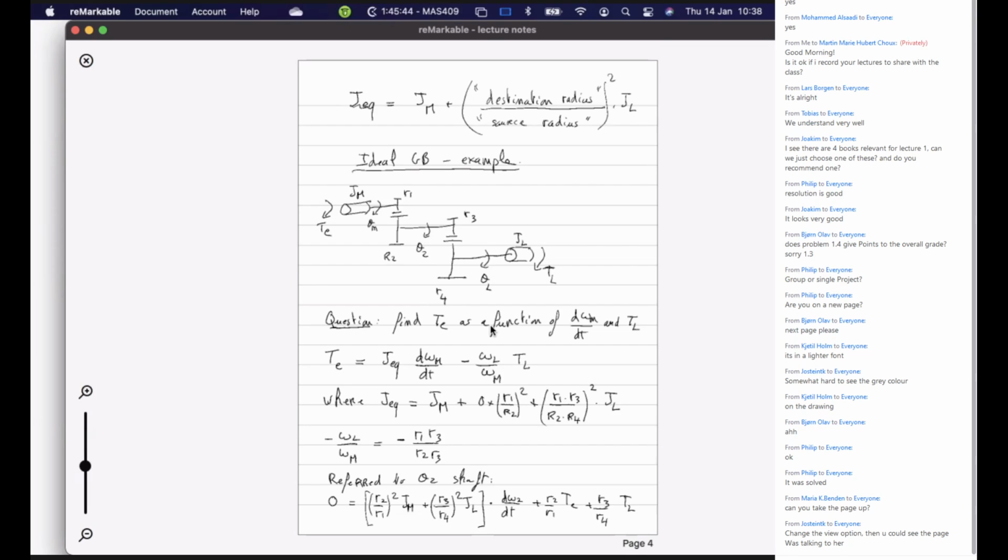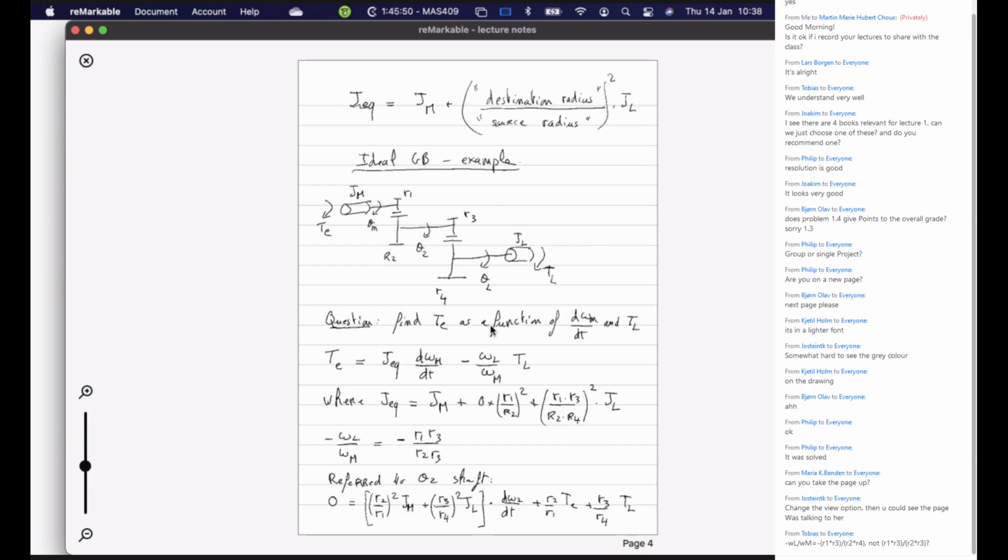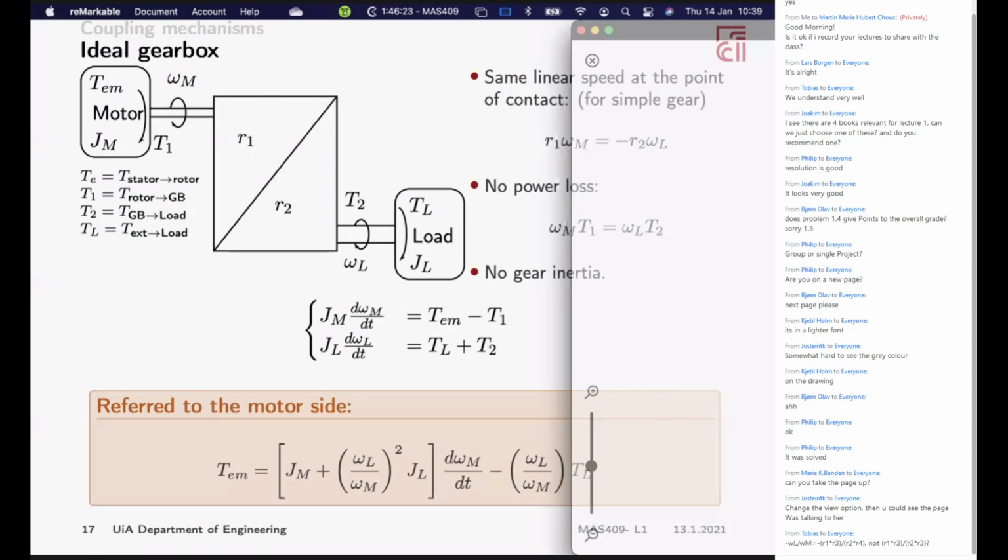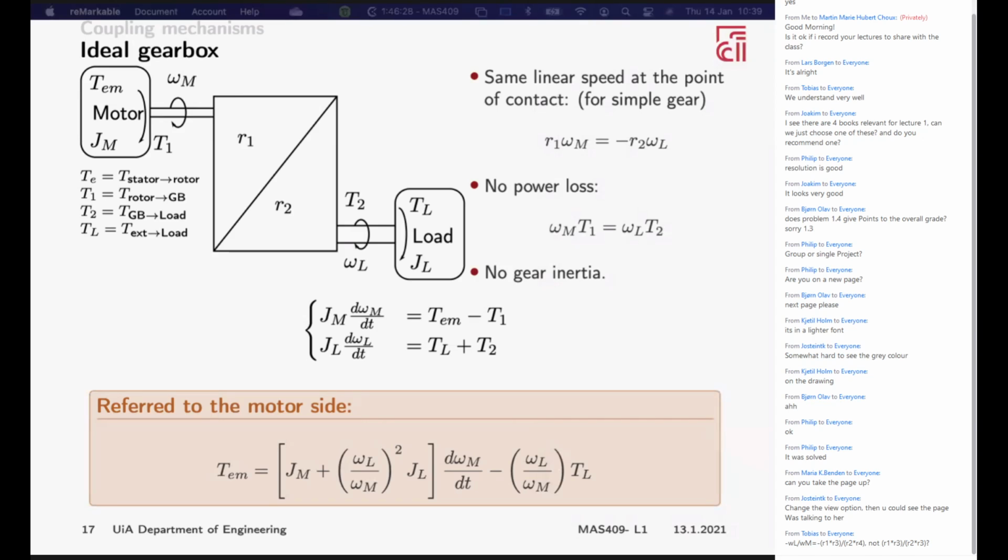So as I said before, omega 2 is equal to minus omega 1 times R1 divided by R2. Okay, I have also a question here.